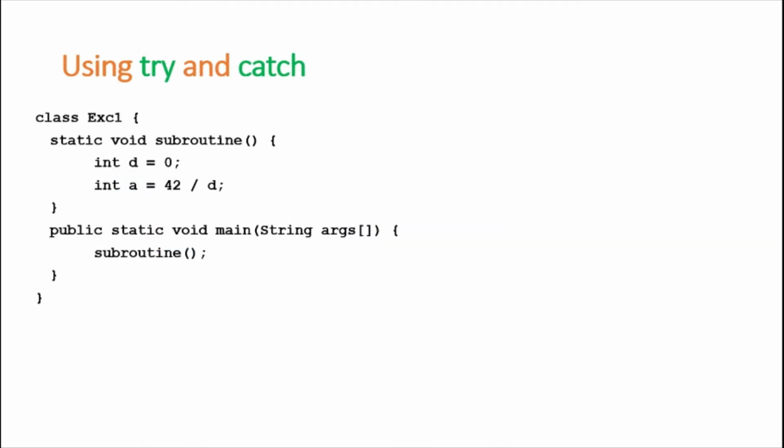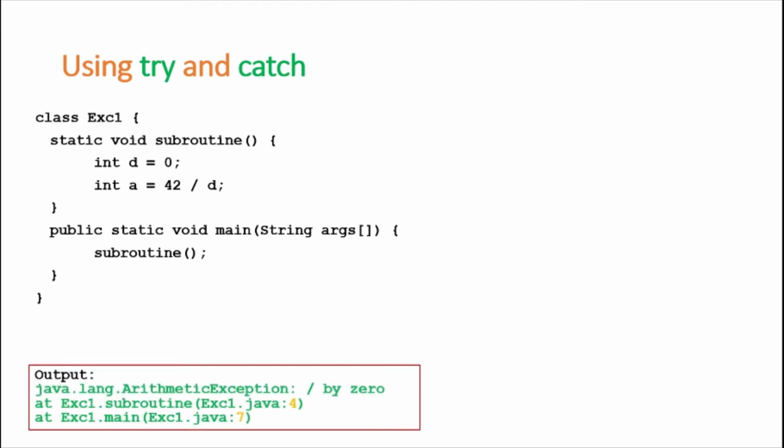Consider the following program. If you run the program, it throws the following exception. Now, we need to handle this exception in our program. In order to do that, let me ask a few questions with respect to this program.